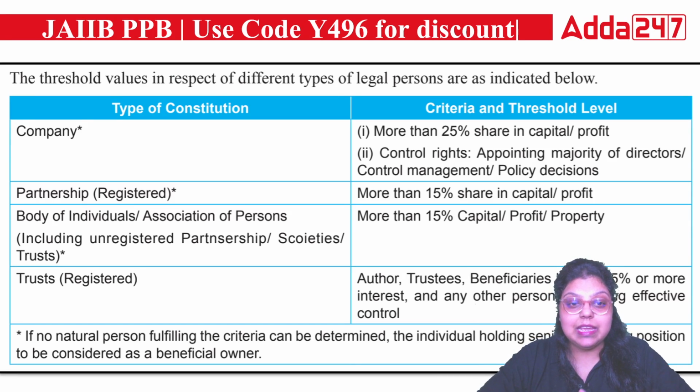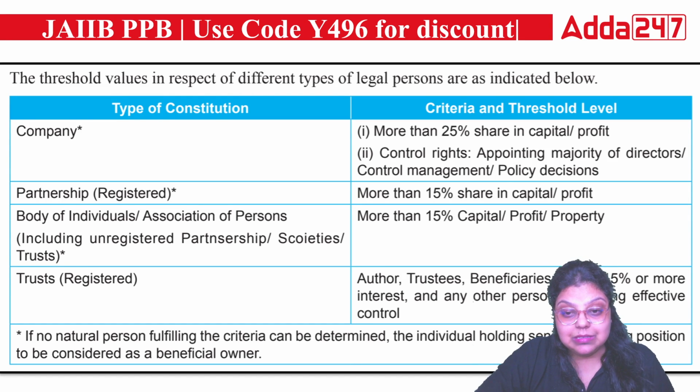You can see in case of a company, the person who wants to become a beneficial owner should be a participant of more than 25% shares in capital and profit, or have control rights, where they can appoint a majority of directors, or control the management and the policy decisions. Second, we have a registered partnership, with more than 15% share in the capital or profit.